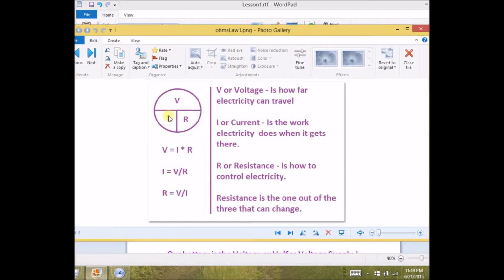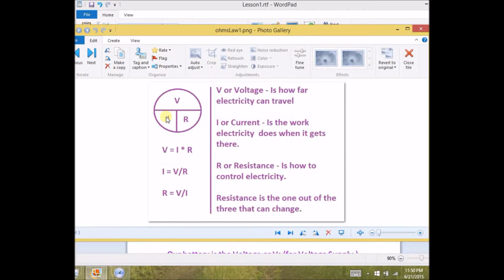You can also see it here, which is what I like about this, because if you put your finger over the R, you will see that you need to divide voltage by current, and that equals your resistance. If you put your finger over the I, you would know that you need to divide voltage by your resistance to get your current.